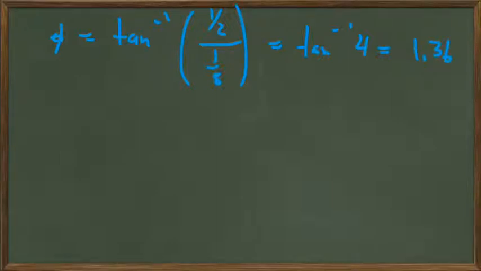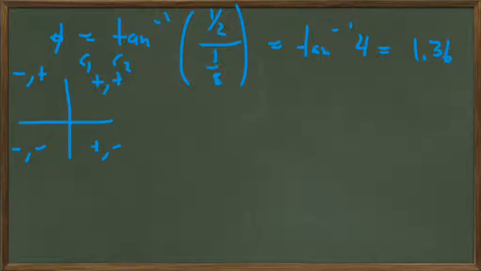The way we determine the quadrant in which phi lies is by looking at the sign of C1 and C2. So if both of those are plus, it's in quadrant 1. If C1 is negative and C2 is positive, it's in quadrant 2. If both are negative, quadrant 3. And if C1 is positive and C2 is negative, quadrant 4. So this is C1, this is C2. So both of our C1 and C2 values were positive, so the tangent inverse is in quadrant 1.